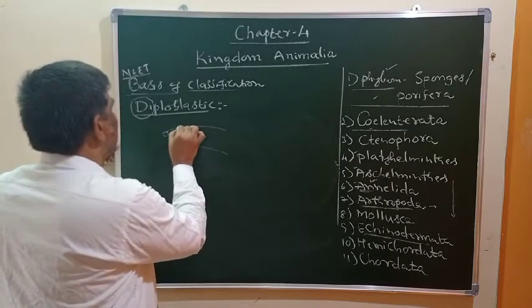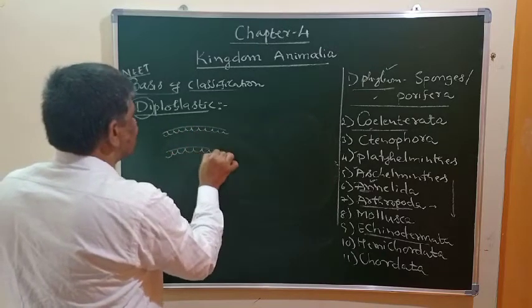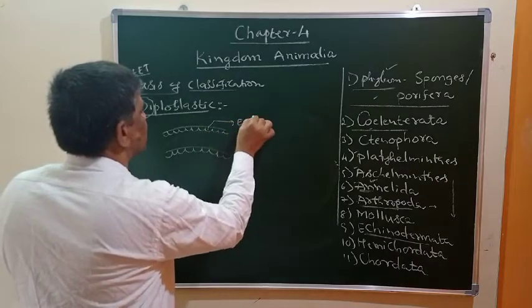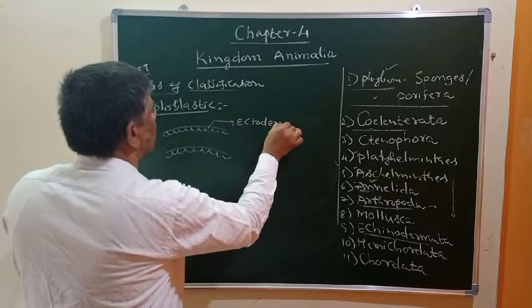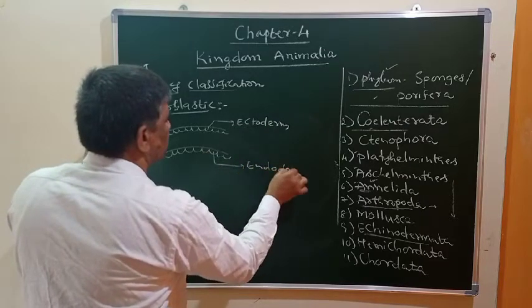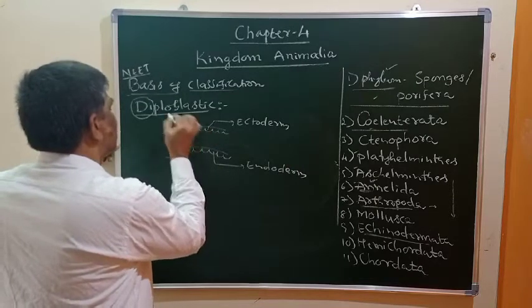This is one layer, and there is one more layer. The outermost layer is called ectoderm, and the innermost layer is called endoderm. So the embryonic germ cells are arranged in two different layers.